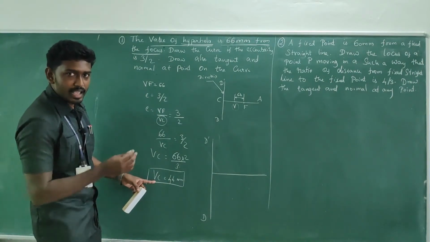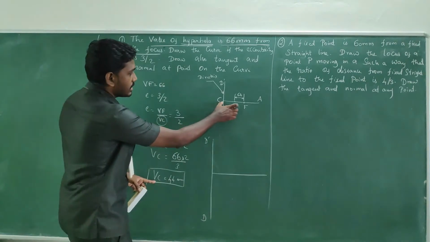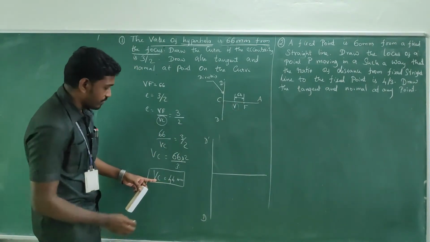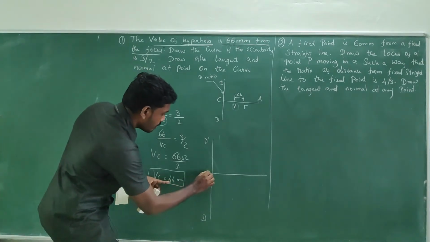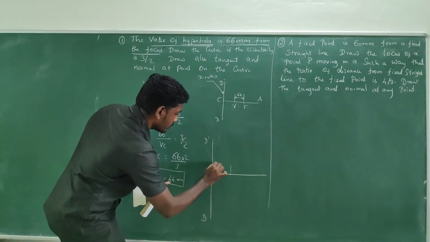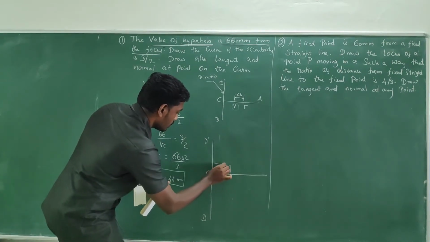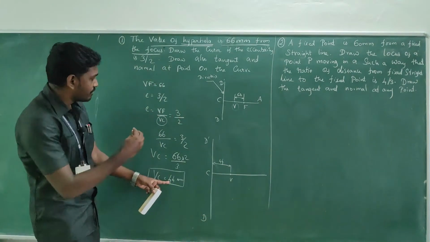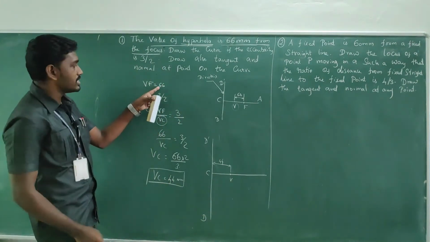Always in general conditions we used to take the CF distance, but here we are going to take VC first. Okay, VC is 44. From C measure VC as 44 and place it.